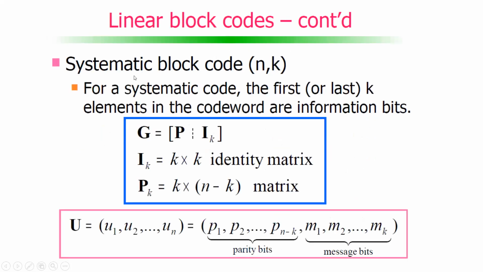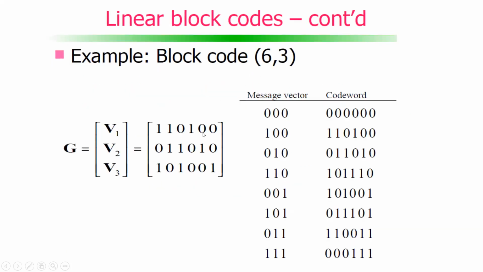Then what is the systematic block code? In the systematic block code, this is the code word 11010, one of the code words. Some portion of the code word will have the information bits only. For example, if you look at this code word, 100 is the message vector, and 010 is again a message vector.